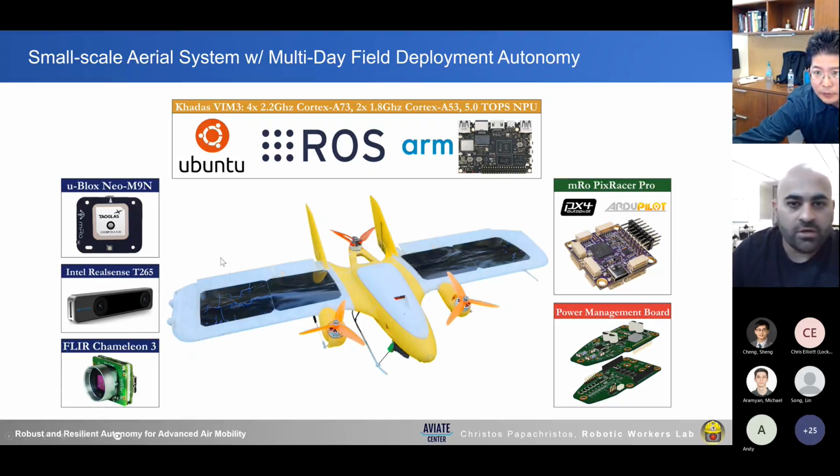Furthermore, we have a 6-core compute board. Essentially, it also has a 5 TOPS NPU, which allows it to implement neural networks. We also have a power management unit over here, which allows this aircraft to hibernate over a long period of time.